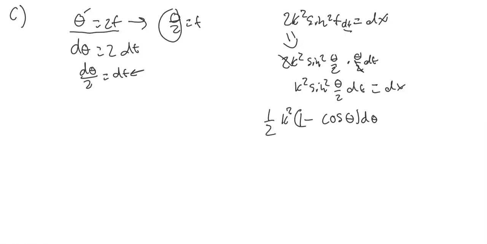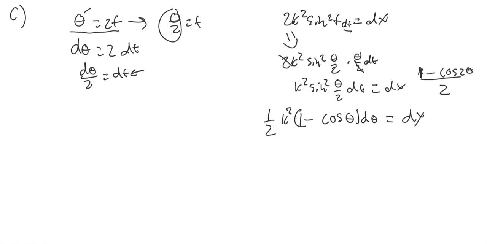This is what it'll turn into. The trigonometric identity, though, I'm going to write it over here in the corner, is going to be 1 minus cosine of 2 theta over 2. So this 2 and the 2 that we have in theta cancel out. So then we're just left with this function here. And that is equal to dx.